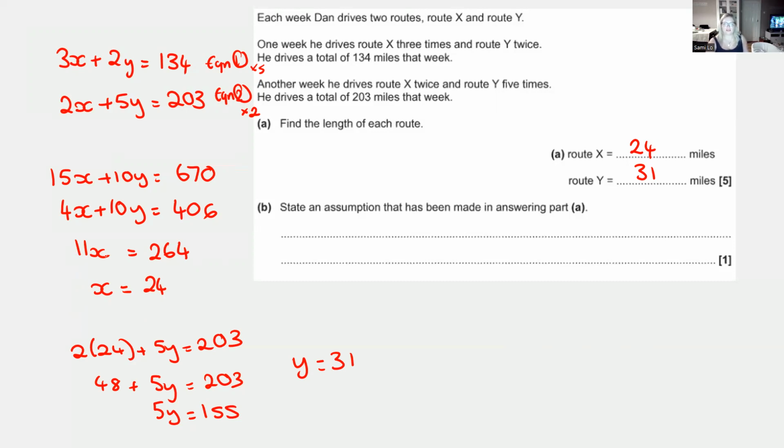Okay, so state an assumption that has been made about answering part A. There's two routes, route x and route y.